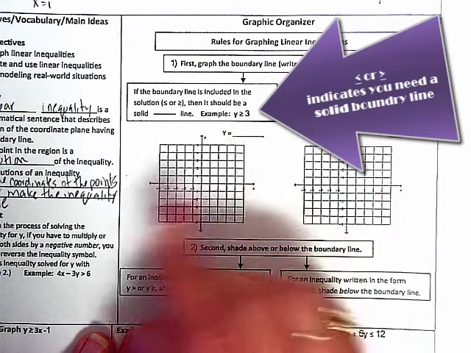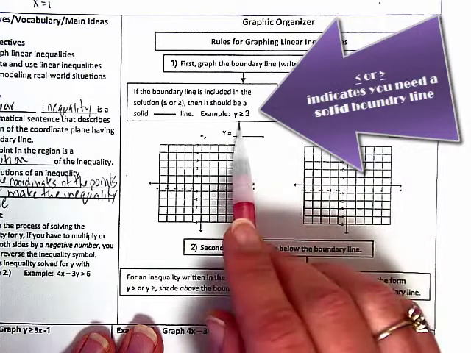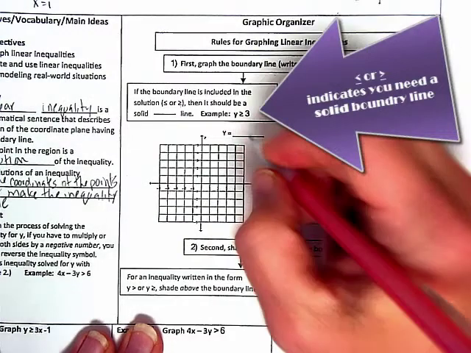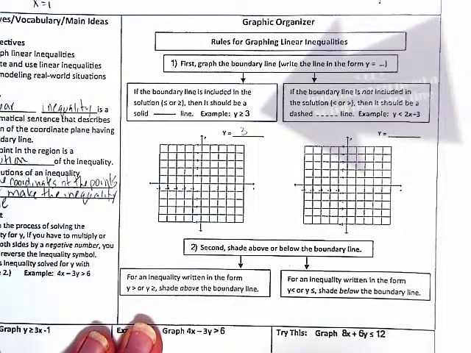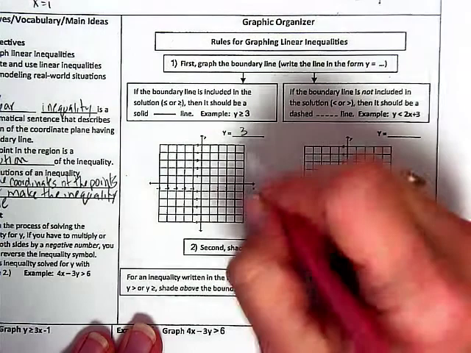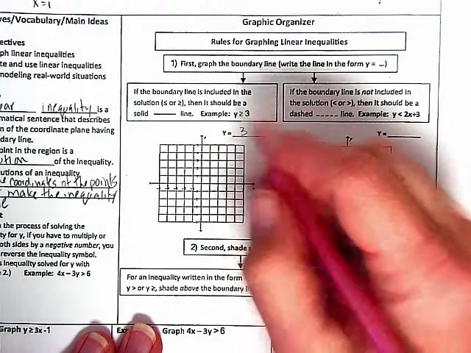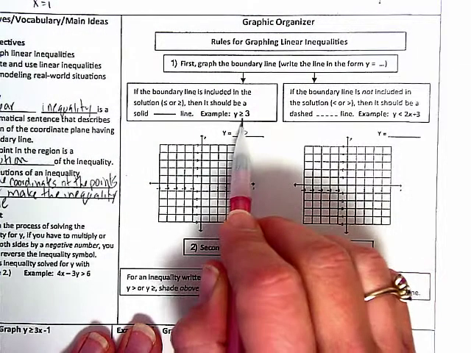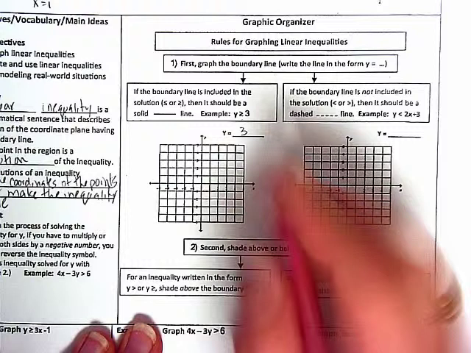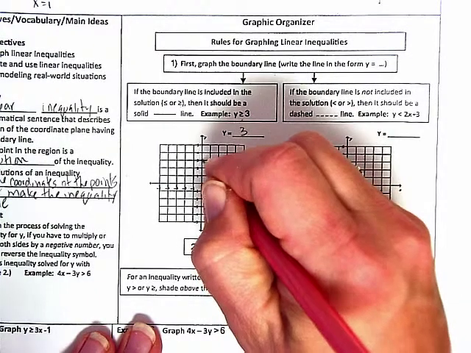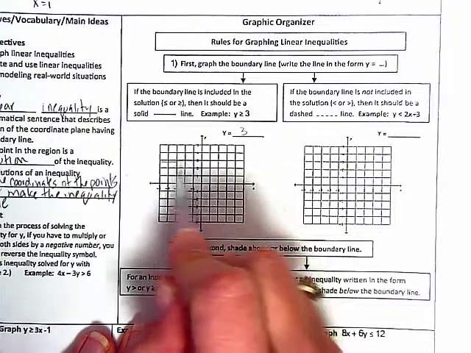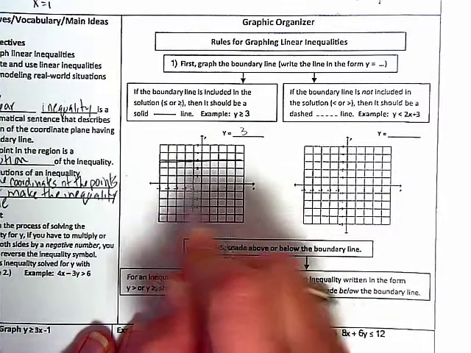Then it should be a solid line. Example, y is greater than or equal to 3. Thinking of the equation y equals 3, first of all, we know we're going to have a solid boundary line because it includes the equal to sign. So at y equals 3, a lazy line, so it goes sideways.